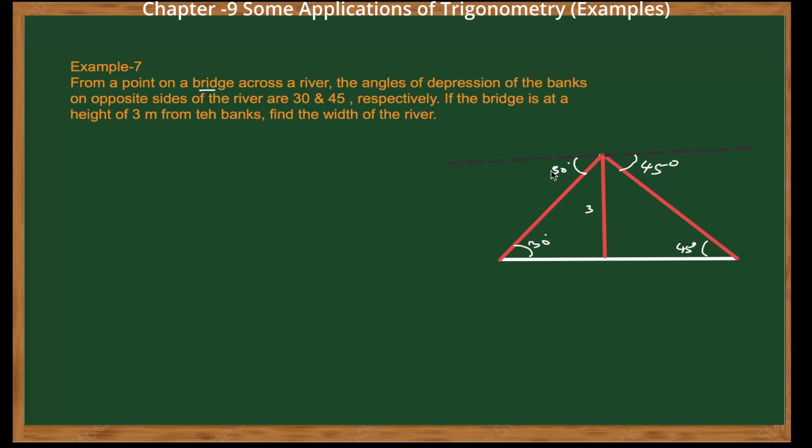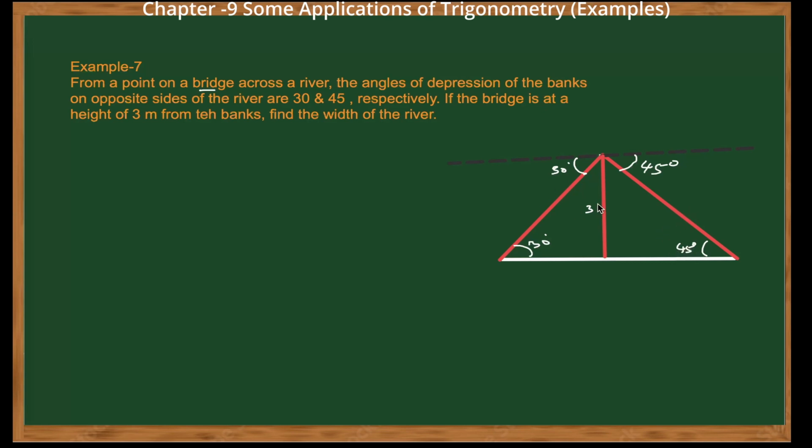When it says angle of depression, you can put the alternate angle based on the alternate interior angles. 30 degrees here, you can put 30 degrees, and 45 degrees here, you can put 45 degrees.